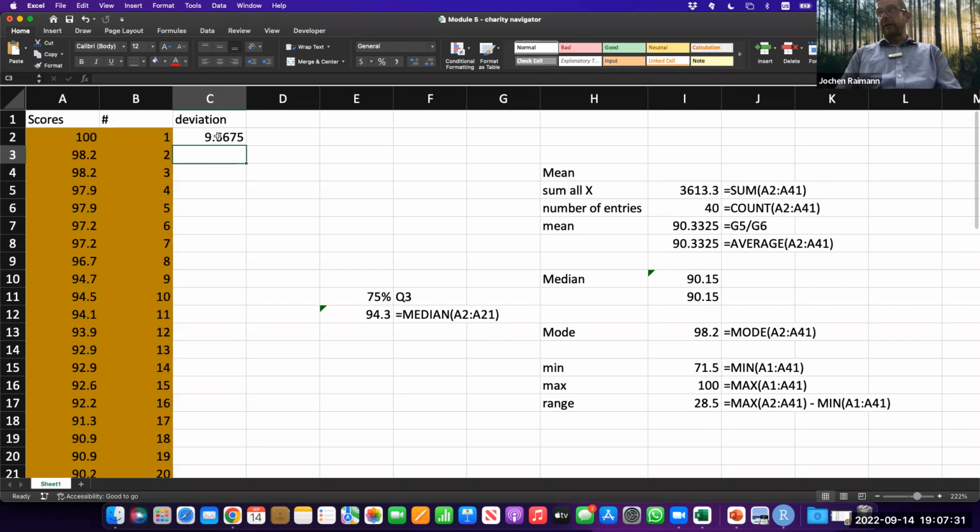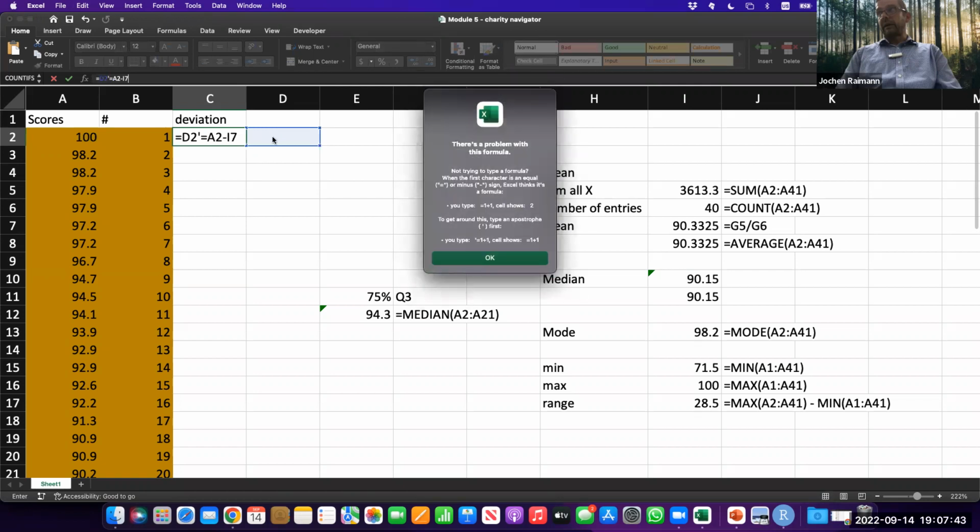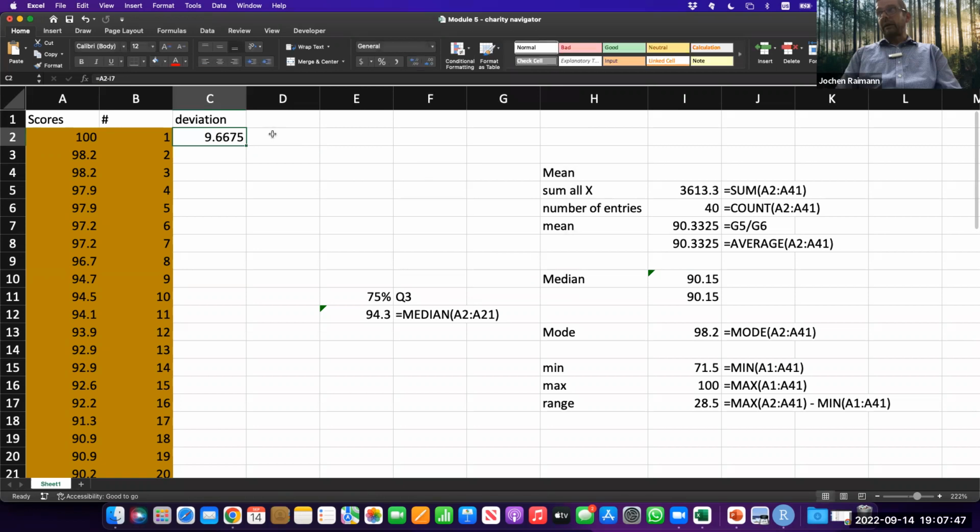I'm not sure you have the same cell here. You need to know which cell you are. For mine, it's A2 minus I7. Looks like this. It equals A2 minus I7.